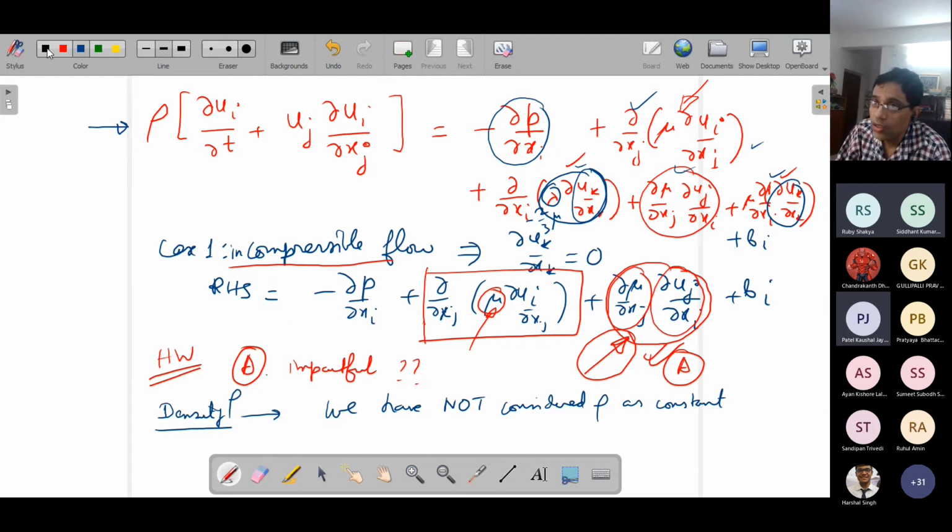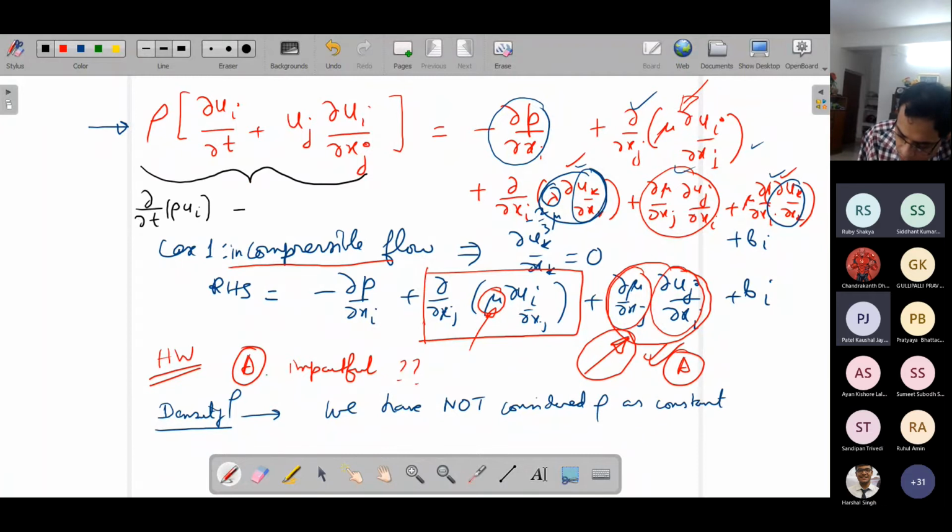If you recall where from this has come, so this has come from this one. If you just open your notes, if you have taken the notes in your notebook, you will see that from here we have come to here.